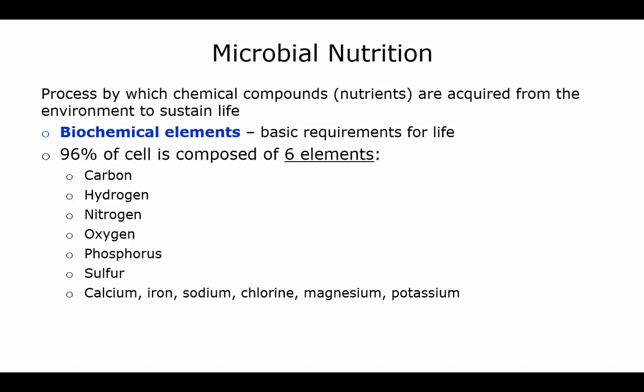So we talk about nutrition. Be mindful that microbes, especially when we talk about bacteria, so prokaryotes, or if we talk about fungi, algae, helminths, eukaryotes, they're all made of cells. Right? And so basic composition of a cell has to do with CHNOPS, if you remember. Those are those common elements that are found in all living things.